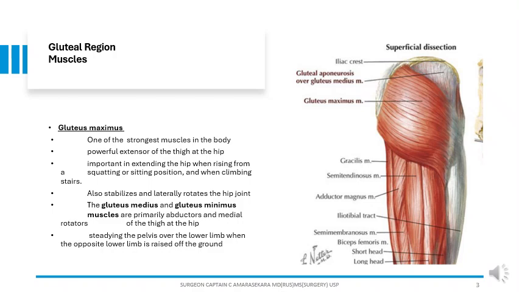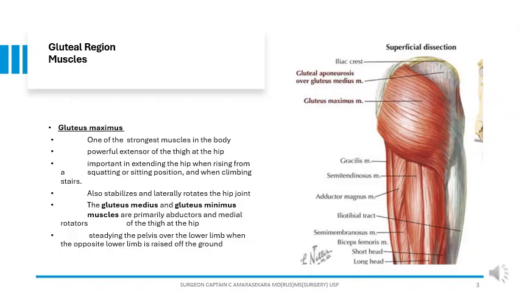So, this is another important thing to consider. Gluteus medius and minimus play an important role in pelvic steadying. While the maximus drives extension, the gluteus medius and minimus are primarily abductors and medial rotators of the thigh.